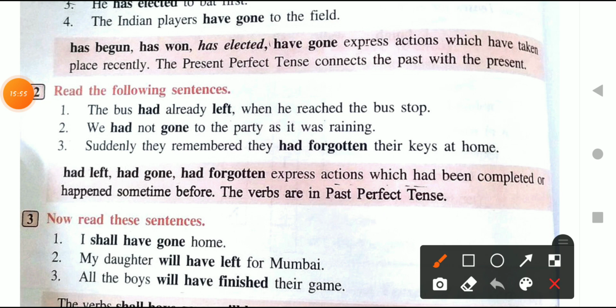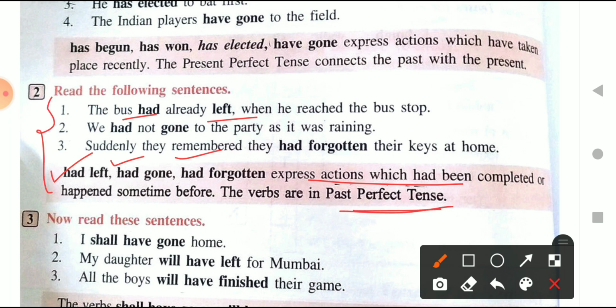So here all these things, had left, had gone, had forgotten, these all are expressing actions which had been completed or happened sometime before, right? So this is the past perfect tense. Okay, these are examples of past perfect tense. Right, the first one was an example of present perfect tense. This is an example of past perfect tense.